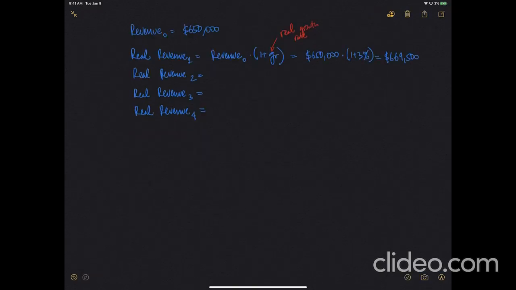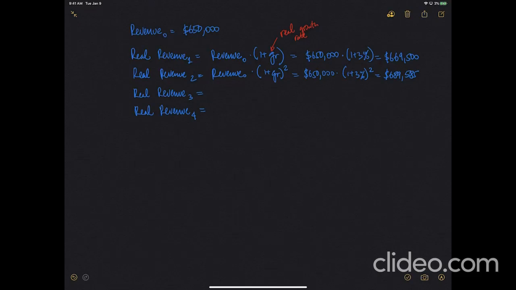$669,500. Now, to find real revenue in year 2, we take the current revenue in year 0 and multiply it by 1 plus real growth rate GR squared, because this revenue grows at this rate GR for 2 years. So this is $650,000 multiplied by 1 plus 3% squared, which gives me $689,585.